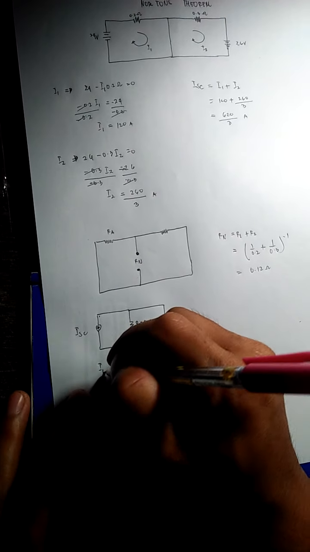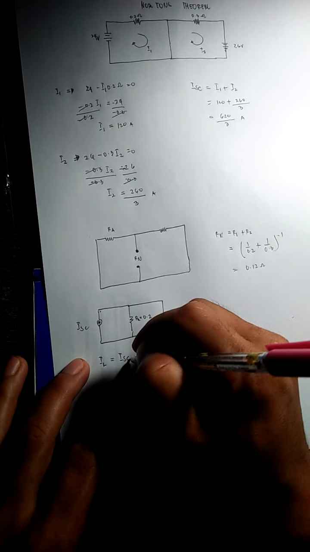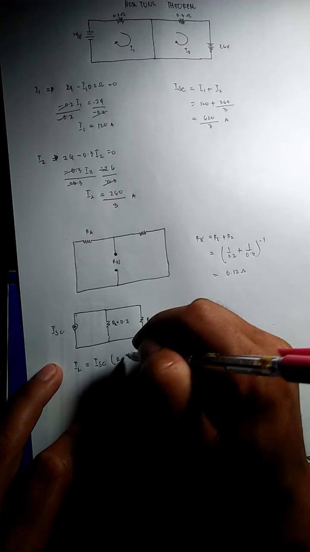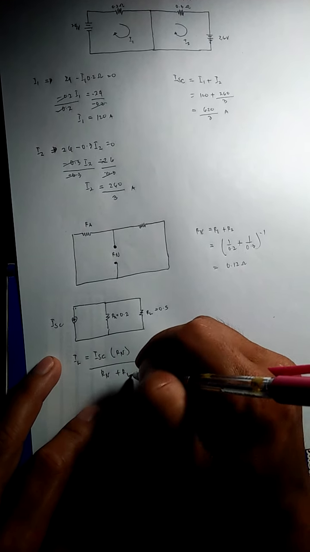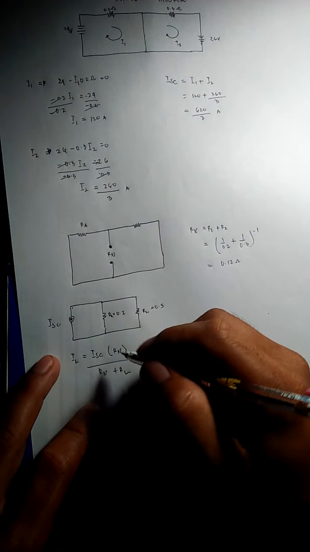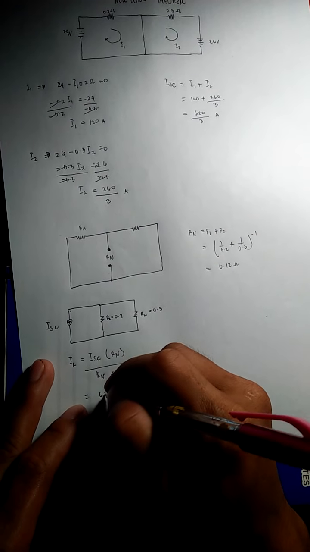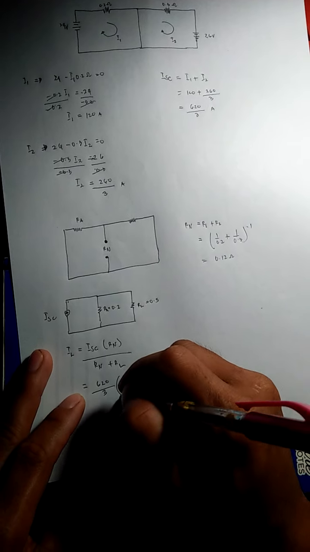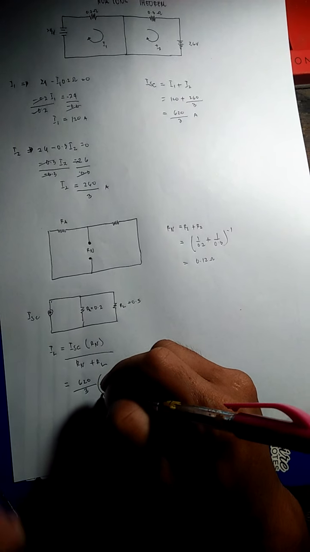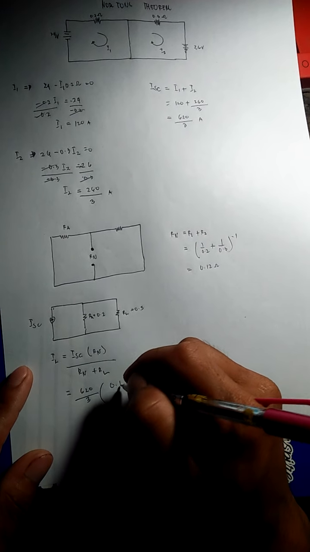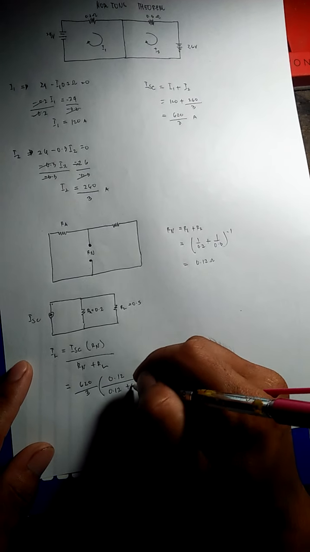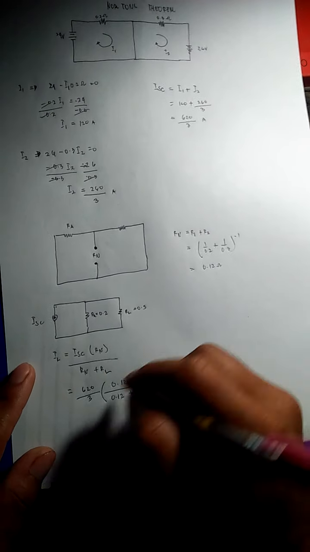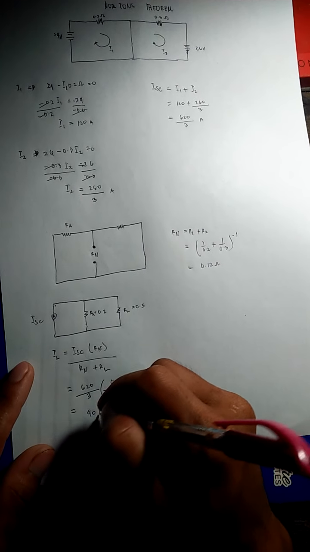So IL is equal to ISC times Rn over Rn plus RL, which is equal to 620 over 3 times 0.12 over 0.12 plus 0.5, so it will result in 40 ampere.